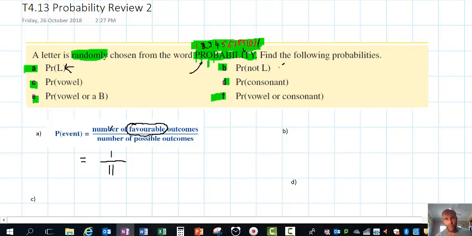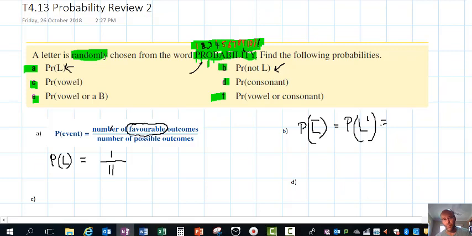Second one, probability of not L. That relates to the previous video where we looked at the complement. Where we wrote probability of an L being chosen, here we've got the complement, which basically means not, or the opposite. Sometimes that's written as probability of L with a little bar on the top, or you may like to write it as probability of L with a little dash.